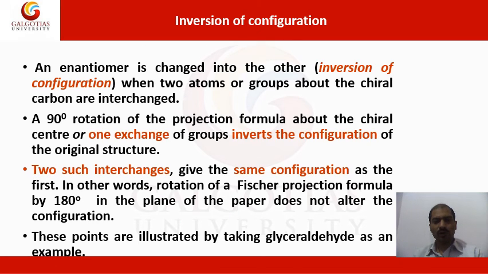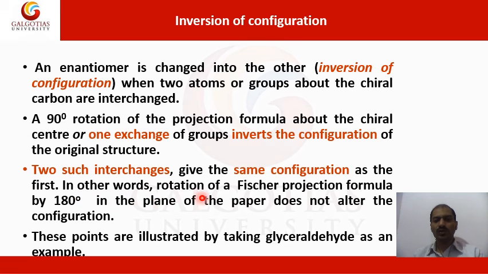Some terminology is like inversion of configuration. An enantiomer is changed into the other form when two atoms or groups about the chiral carbon are interchanged. If you are interchanging, then that interchange can be like a 90-degree rotation of the projection formula about the chiral center, or one exchange of groups inverts the configuration, or two such interchanges give the same configuration as the first.